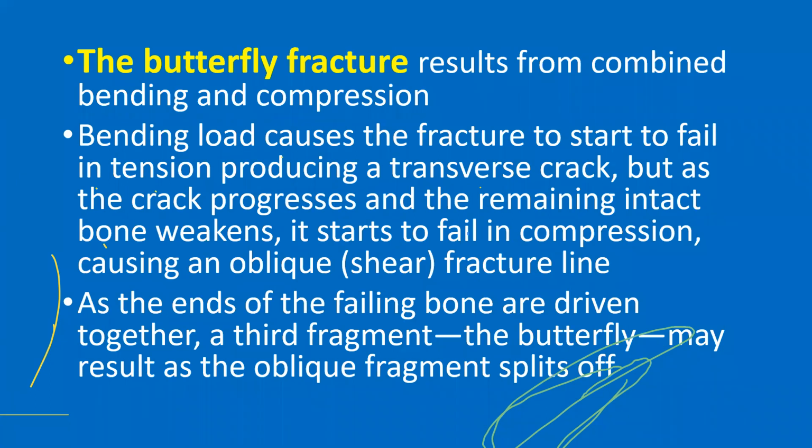Bending load causes the bone to start to fail in tension, producing a transverse crack. But as the crack progresses and the remaining intact bone weakens, it starts to fail in compression, causing an oblique shear fracture line. As the ends of the failing bone are driven together, a third fragment, the butterfly, may result as the oblique fragment splits off.